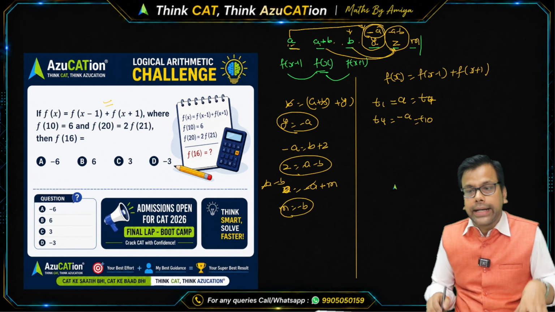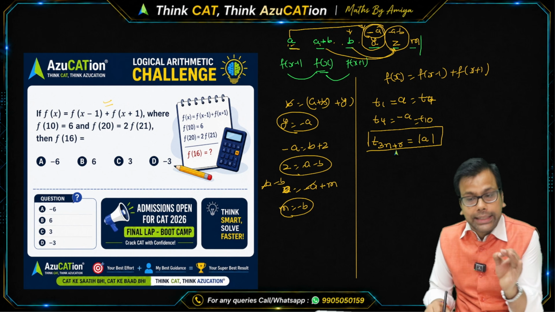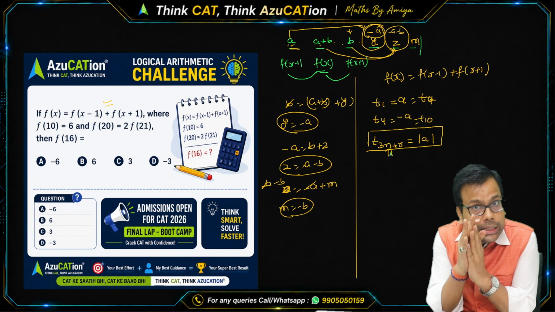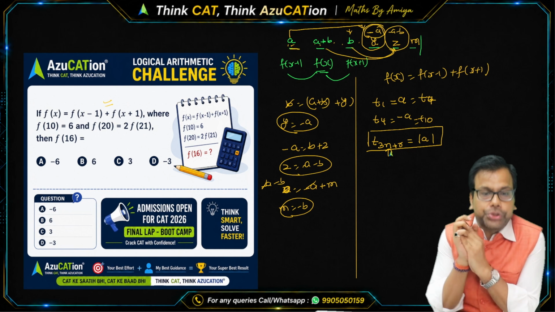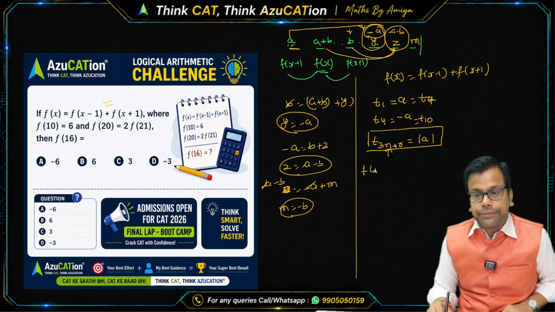So can we write, if any term is 3n plus r, it is going to have a common value, depending upon the quotient when divided by 3. This is the important part of this question. Now check, we have a question. So we have f10.